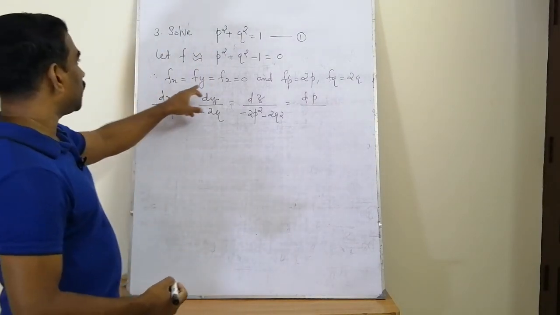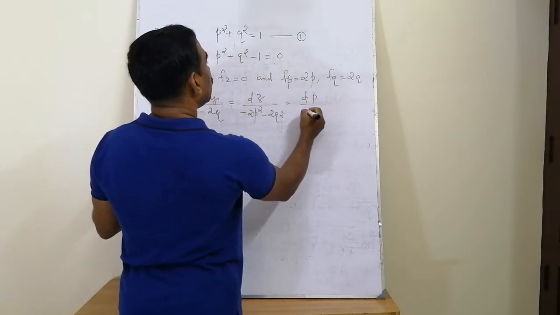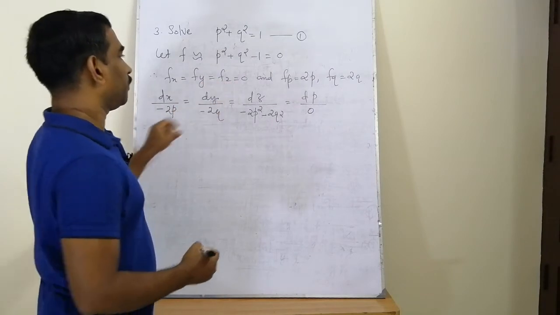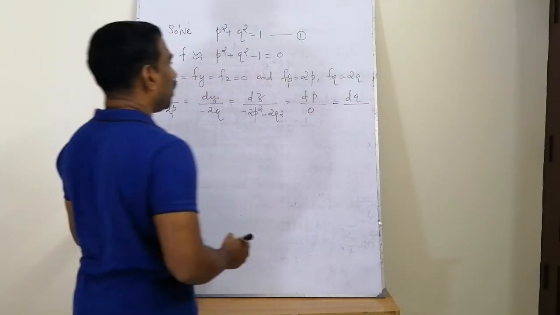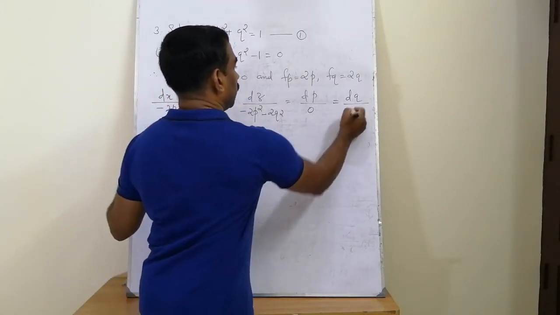What is fx? fx is 0, and p fz is 0 because fz is 0. The last ratio is dq divided by fy plus q fz; fy is 0, fz is 0, so we have 0.